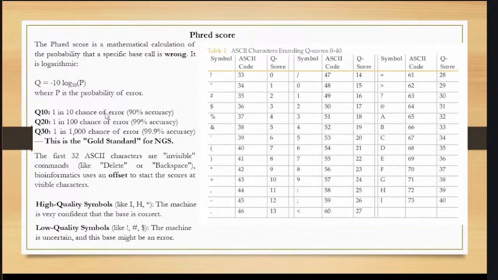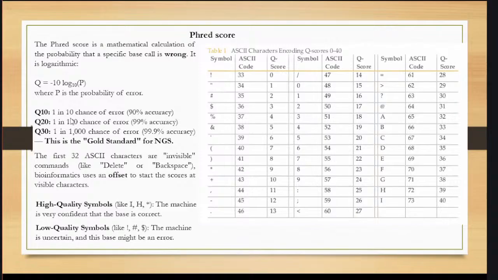So there is a possibility of one error in a stretch of 10 base calls. In 10 base calls, there is a chance that there will be one base call error.